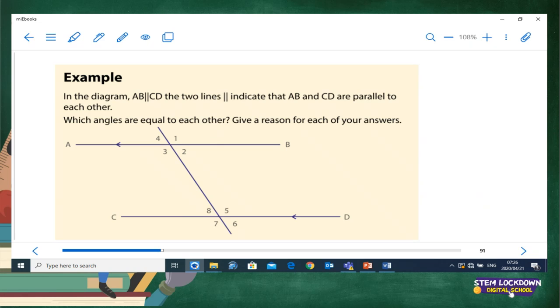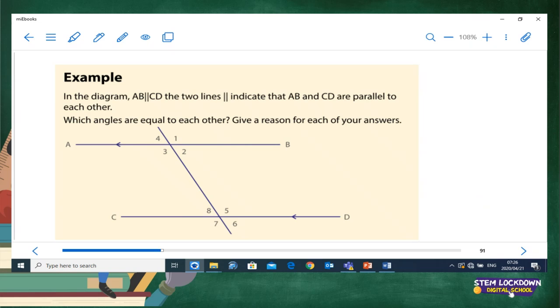But if we want to talk about equal angles, we'll look at vertical opposite angles, we'll look at alternate angles, corresponding angles, as well as co-interior angles. Because today we've looked at those. And of course, we can carry on with the next lesson to check.